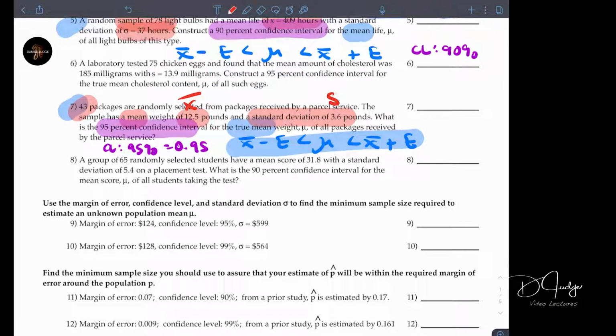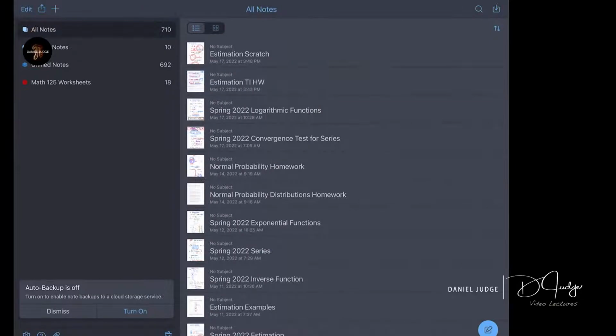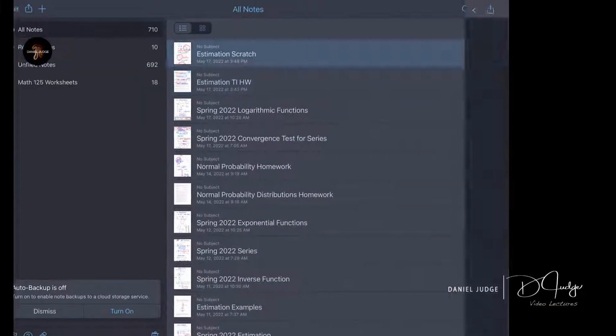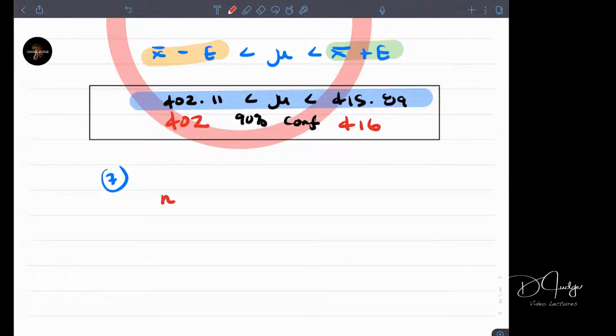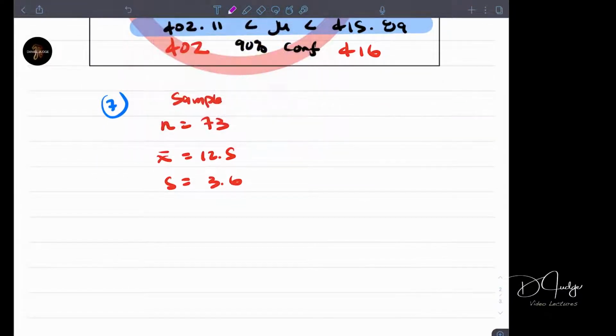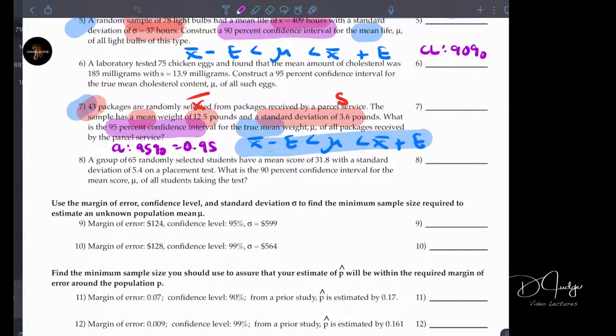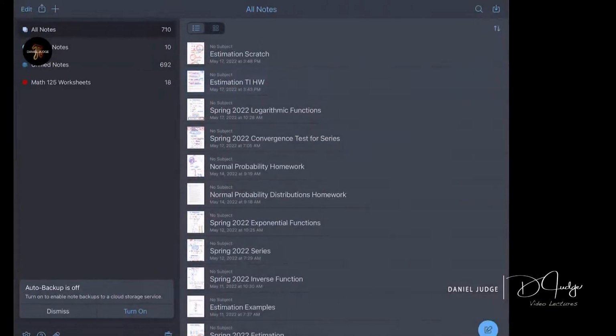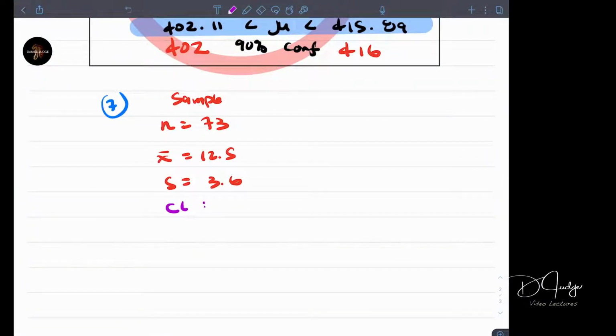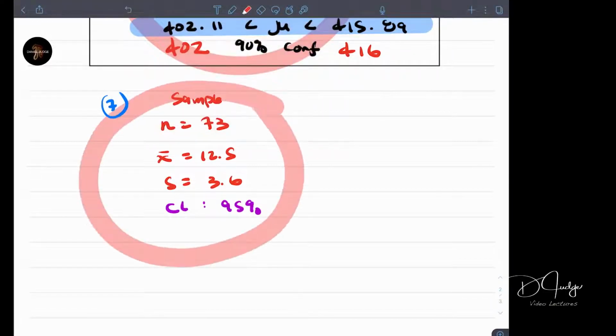Sample 73, 12.5, 3.6. This all came from the sample. And don't forget, we need a particular confidence level. And the confidence level here was 95%. So we're going to enter all of this information in the TI.